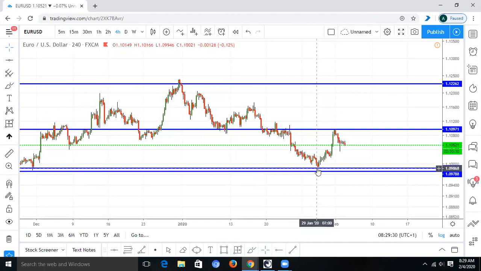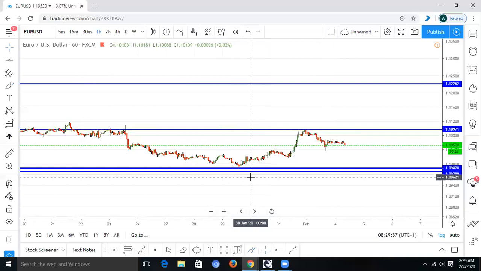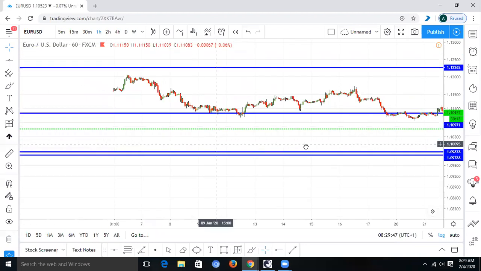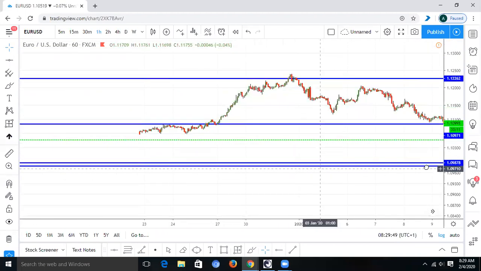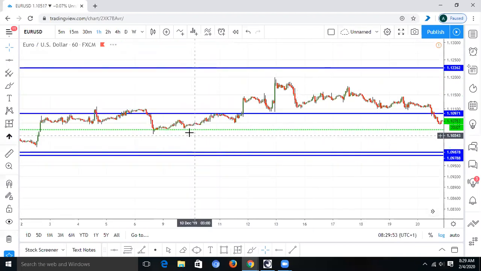Once price gets to this zone, you now bring it down to, I like to use 1 hour for forex. I'll use 1 hour to enter my trade. Look at it, it's still holding. They are very clear. Look at it, very clear. You know that it's a zone.